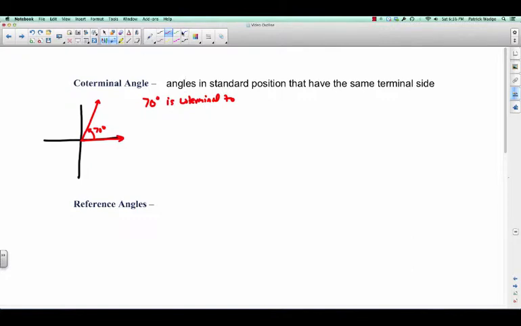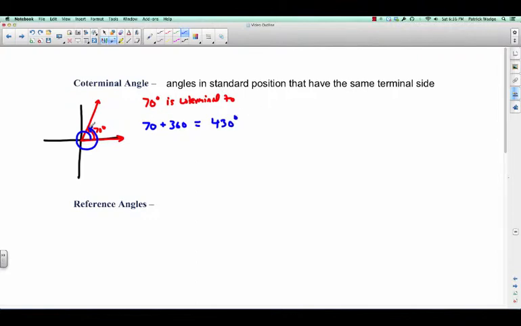Like, how could we make a coterminal angle? Basically, what could you do? Well, instead of stopping here, we could go all the way around and then stop there. That's coterminal. So how much is that? Well, that is the initial 70, but then we went all the way around, and all the way around is another 360, so 430 is coterminal.